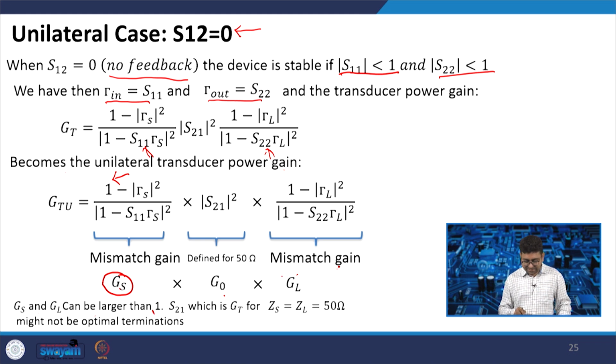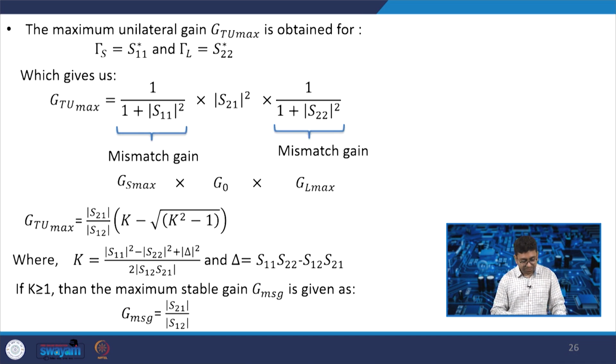So this GS and GL, and S21 which is a GT for ZS equal to ZL equal to 50, might not be the optimal termination. So here to get the maximum unilateral gain GTU max, you should match gamma S with the S11 conjugate and gamma L with the S22 conjugate.